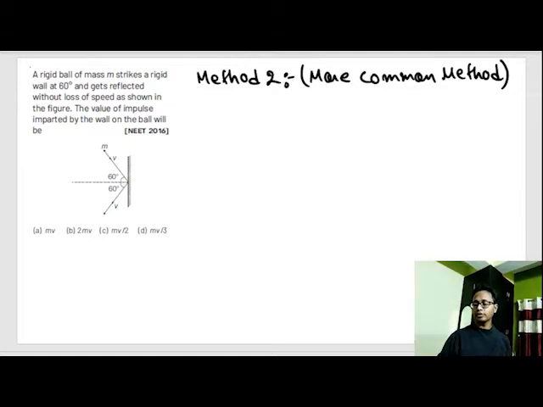So in vectors I taught you there are three ways in which you can add a vector: tail configuration, head-tail configuration, and dividing them into vertical and horizontal components and adding them. The most common method in your entire curriculum that you'll use is breaking the vector into components and adding them.